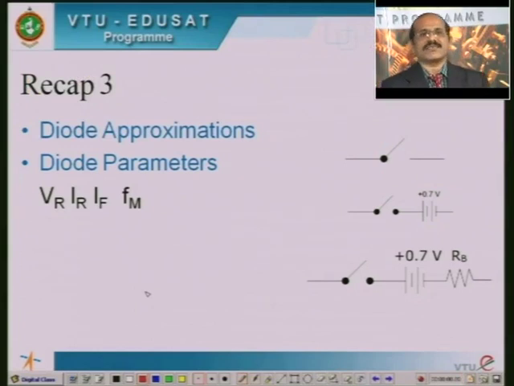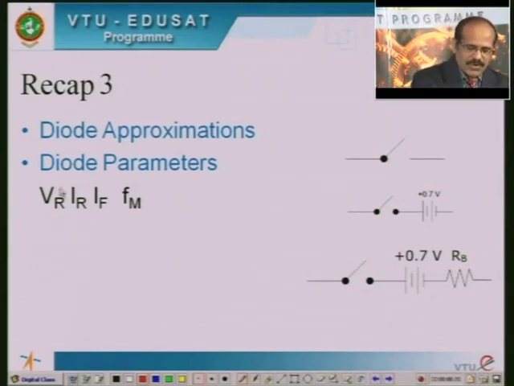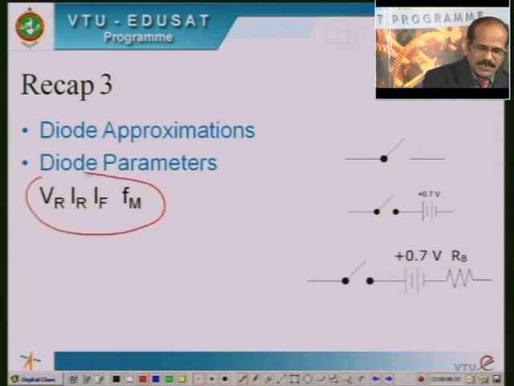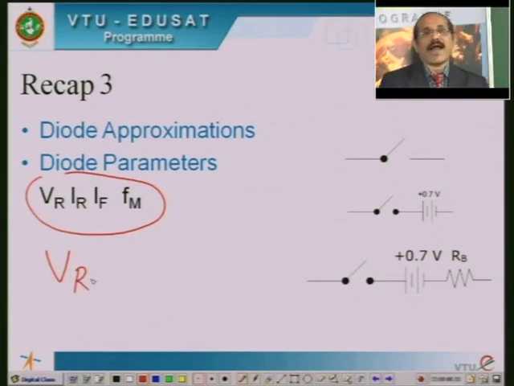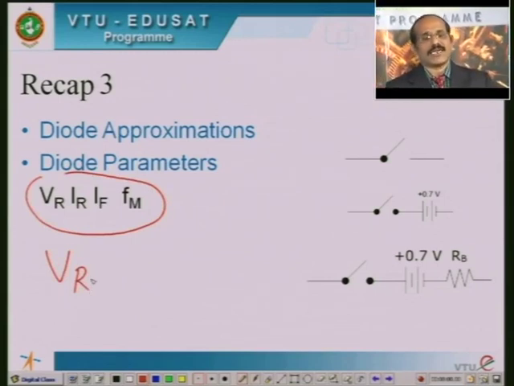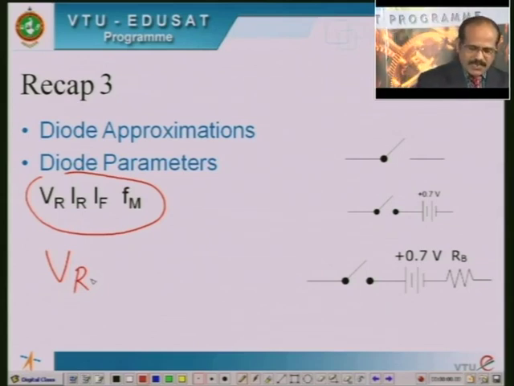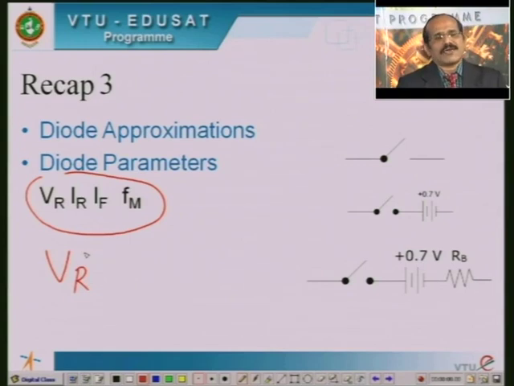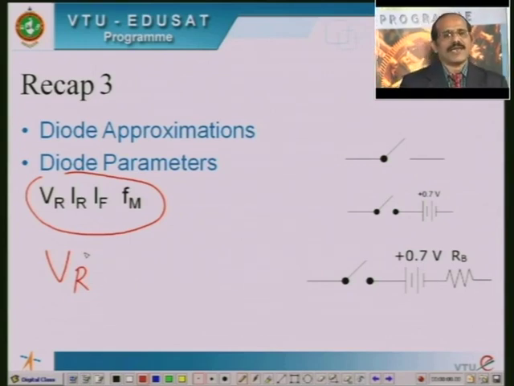And we also discussed some of the diode parameters. We have discussed four parameters. One is VR, defined as the maximum value of the reverse voltage that can be applied to the diode. If the reverse voltage exceeds this VR value, the diode will get damaged.